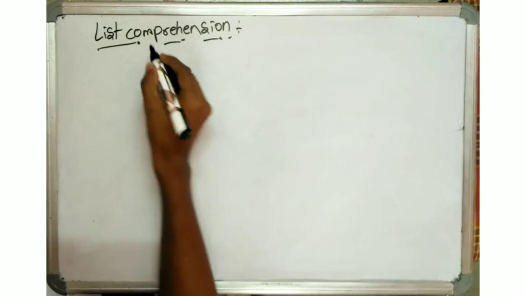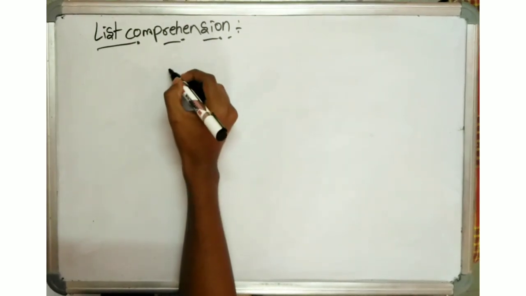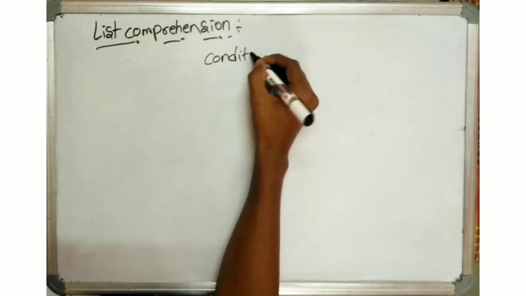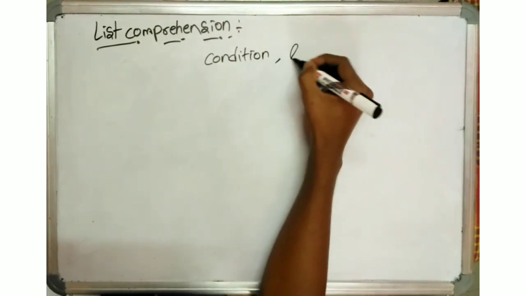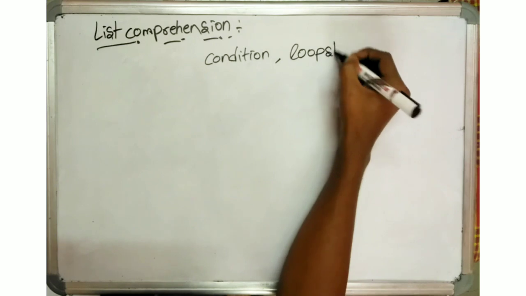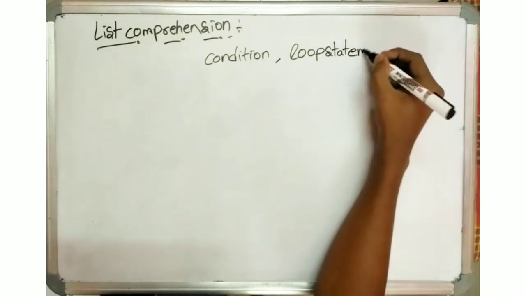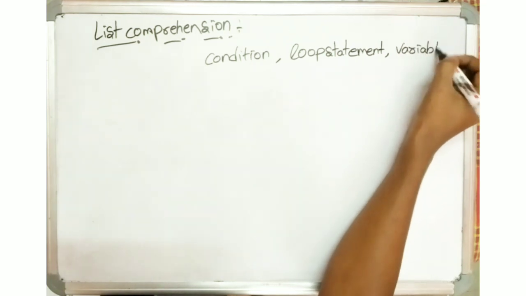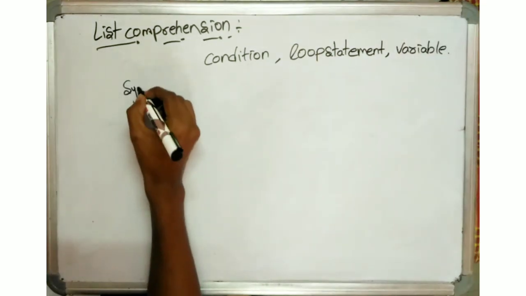List comprehension is nothing but a combination of conditions, a loop statement, and a variable. Let me write its syntax.